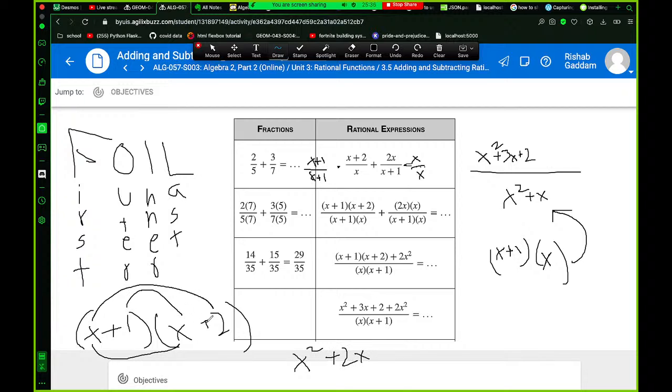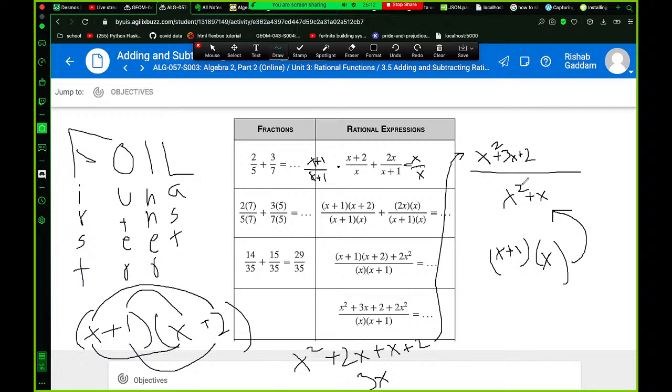Inner, that's 1 times x, so that's plus x. And for last, you have these two, so that's 2 times 1, or 1 times 2, and that's 2. And then you have to simplify this, and so after you simplify it becomes this, because well, 2x plus x is 3x. So yeah, okay, I hope that makes sense.